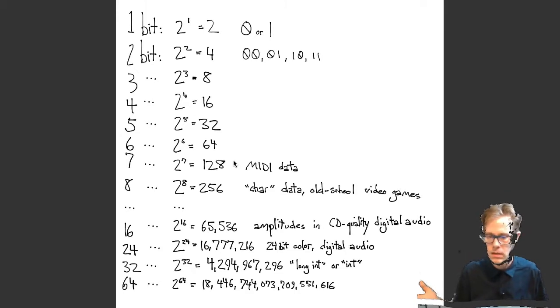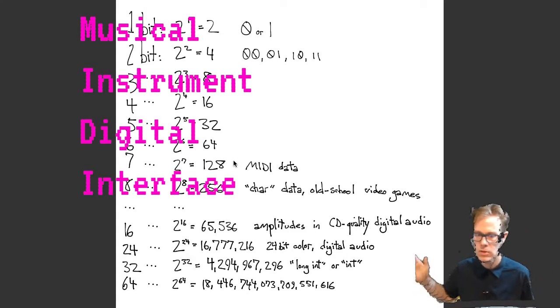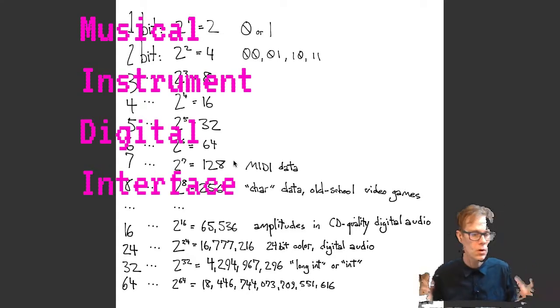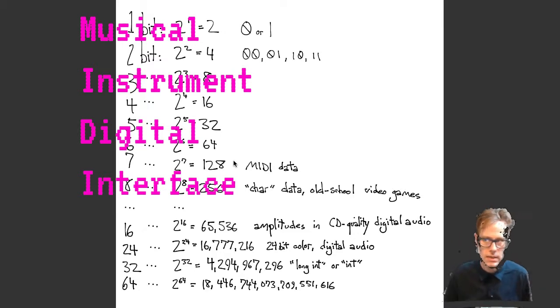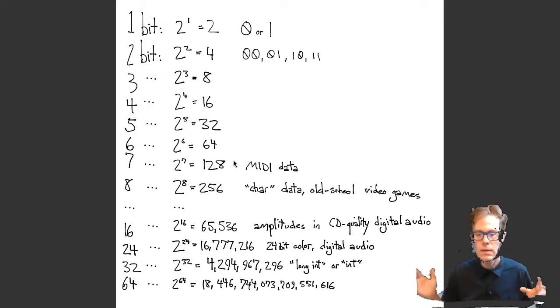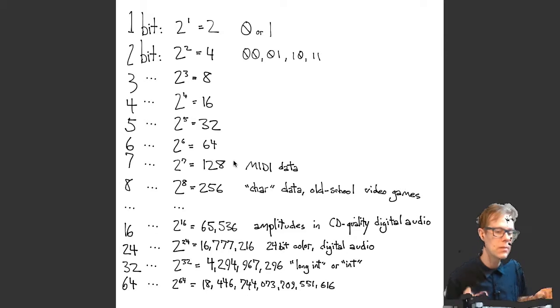This is because historically, in the world of digital music production, MIDI has been the main protocol for how we transmit messages related to electronic music. MIDI stands for Musical Instrument Digital Interface. It is this protocol that was developed in the 1980s, and MIDI is a 7-bit protocol.